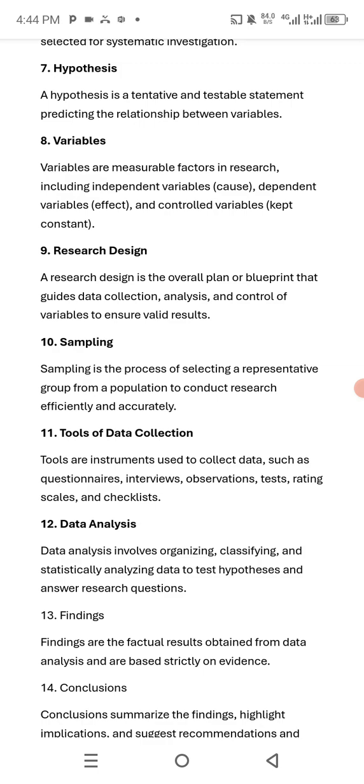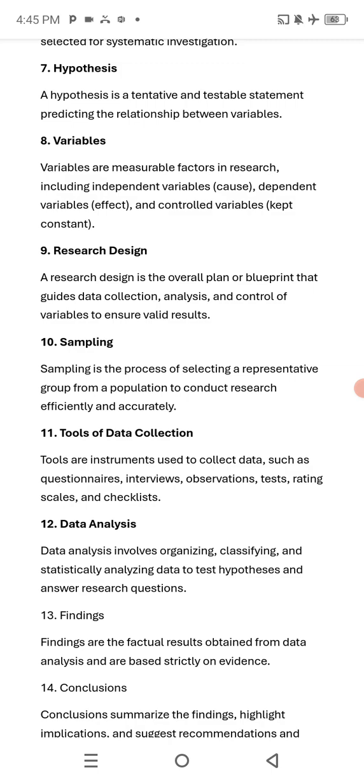So, actually, sampling is the art of selecting a representative group from a population to conduct research efficiently and accurately. So that is sampling. Then we have tools of data collection.